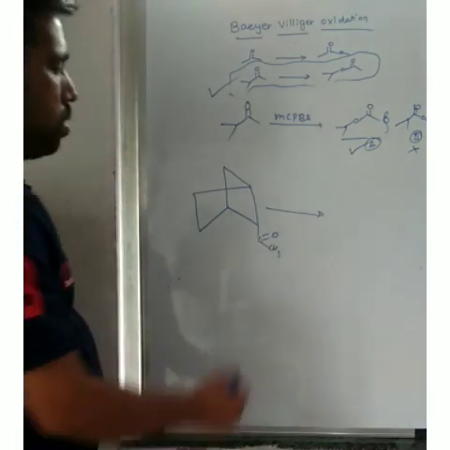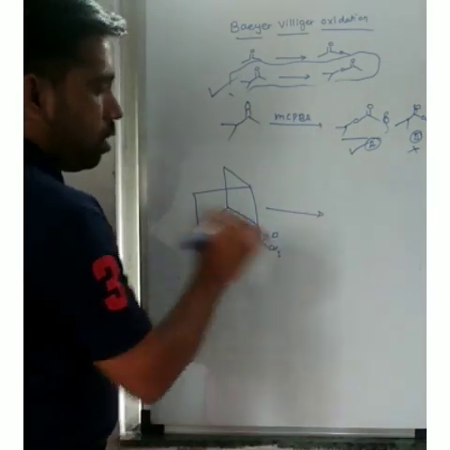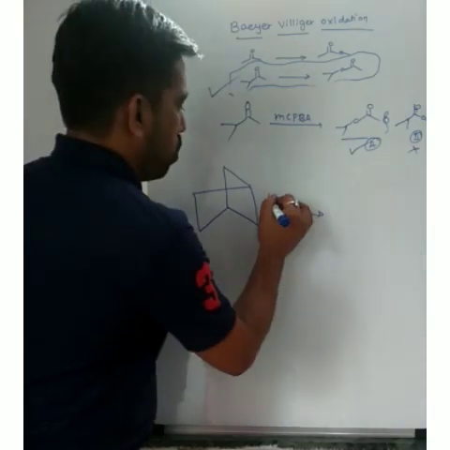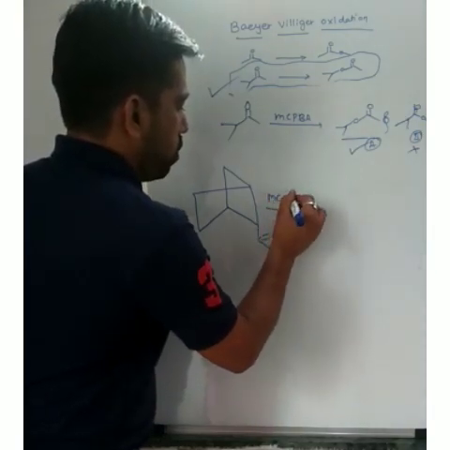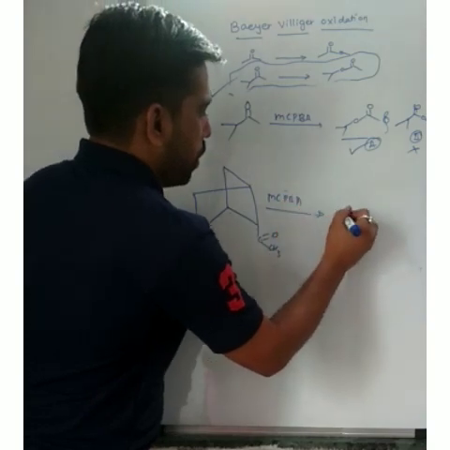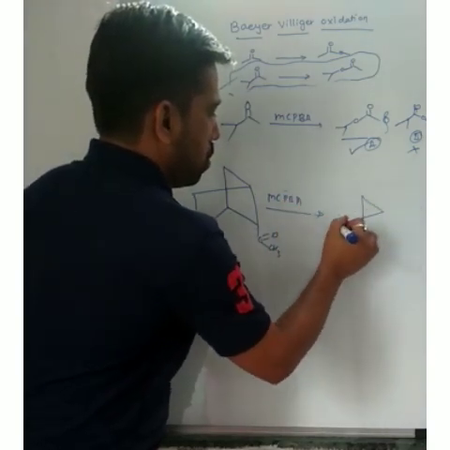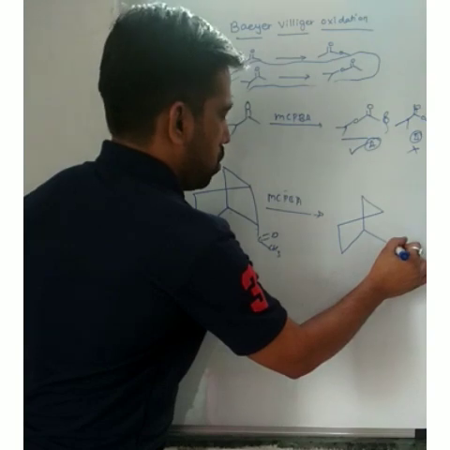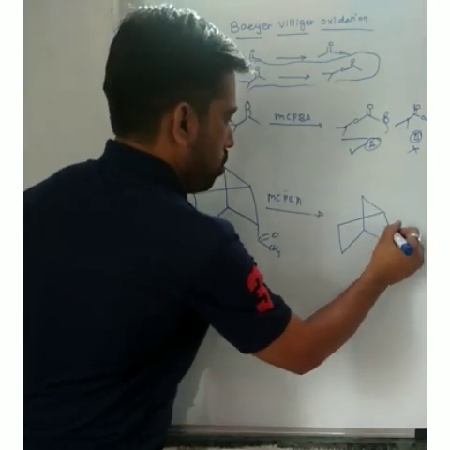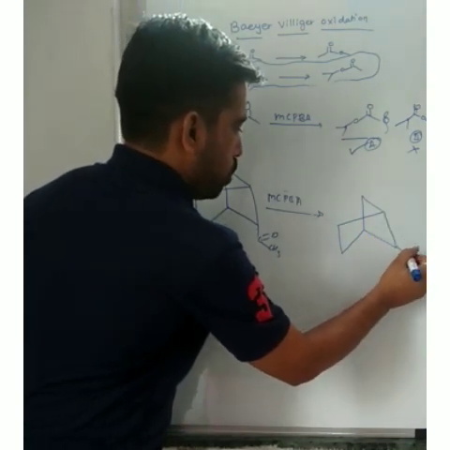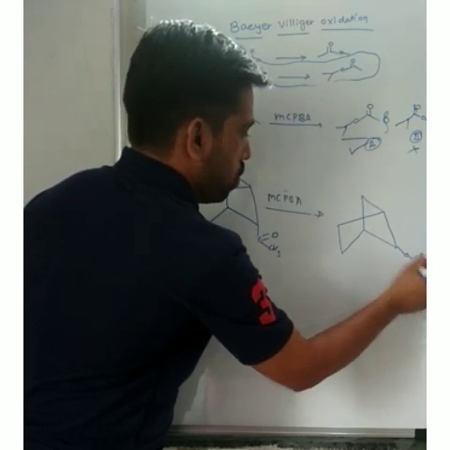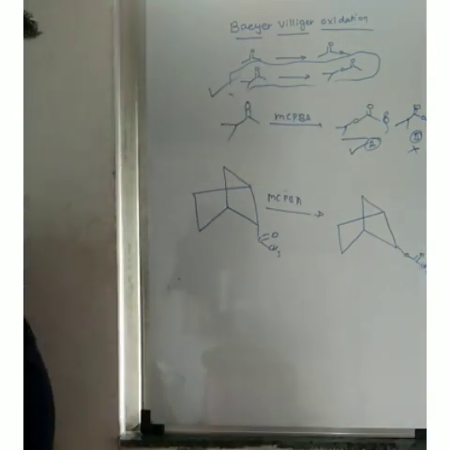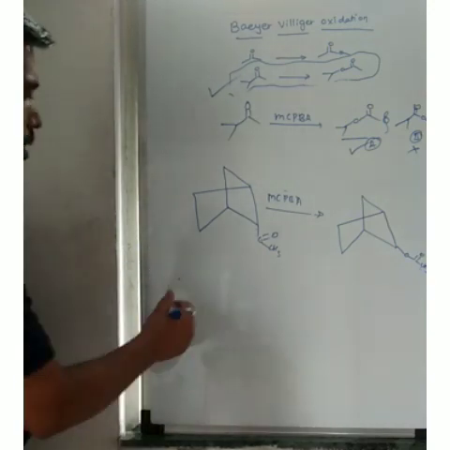In such cases there is a migration of these groups and not the methyl group. So on treating with metachloroperbenzoic acid, we get the product. The oxygen insertion is there, C double bond O CH3. Now let's see another example based on these types.